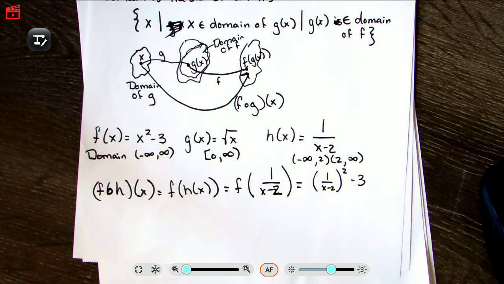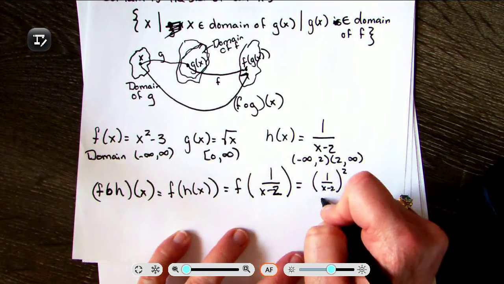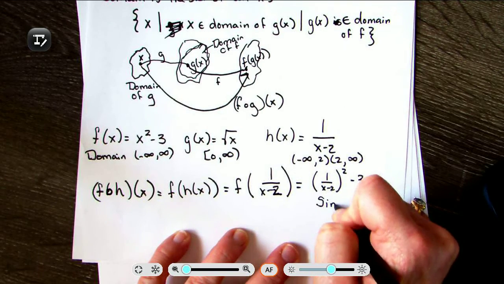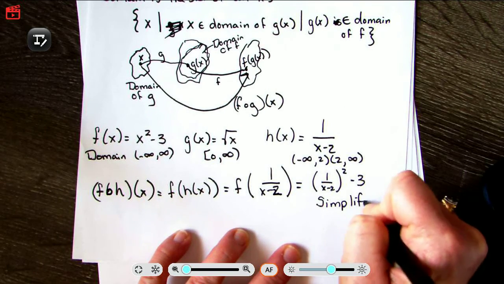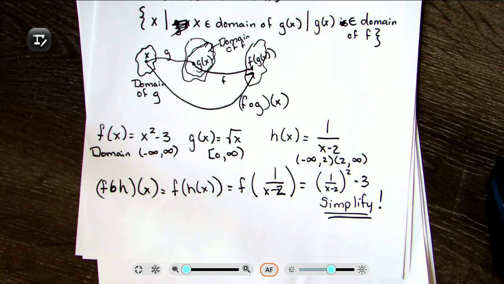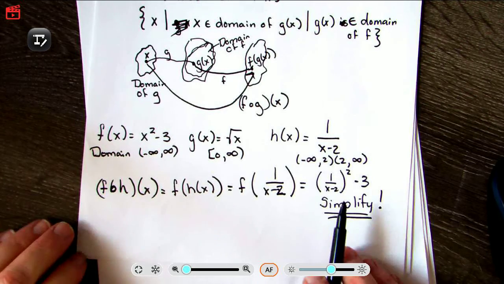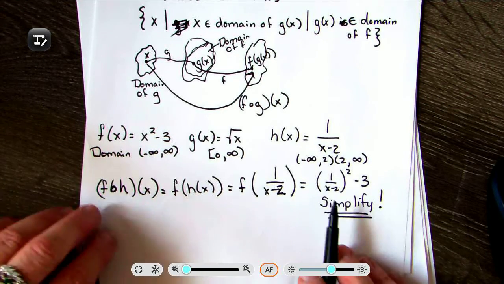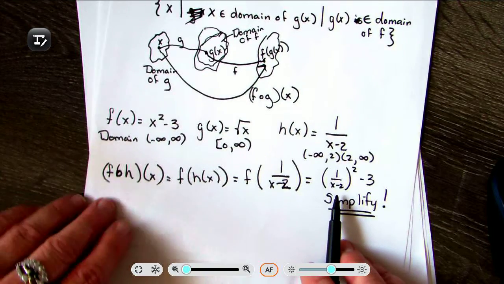And just to save some time on the video, we would then simplify this. In other words, you would square that out, probably get a common denominator, and bring it all together as one fraction. You would want to do that extra algebra to simplify that, so make sure you get used to possibly doing that extra step.